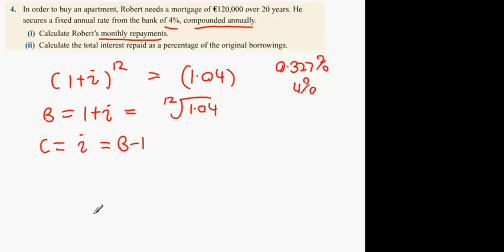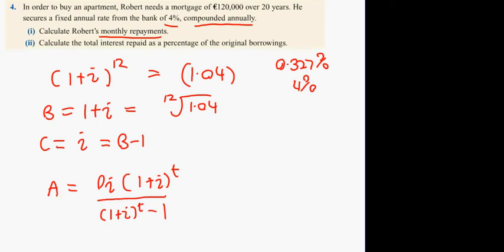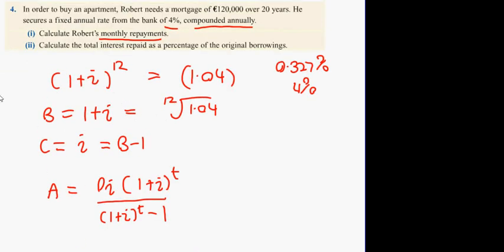Okay, then we're going to write down our amounts. So A equals P I into 1 plus I to the power of T all over 1 plus I to the power of T minus 1. Now our P value in this case is going to be 12,000 euro.